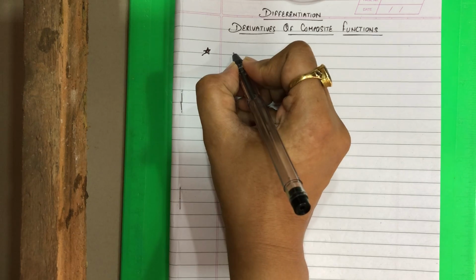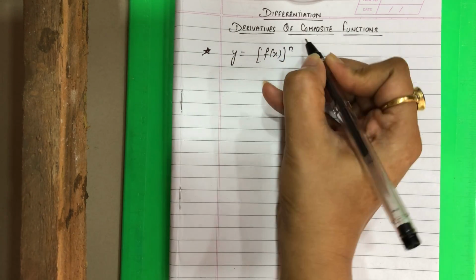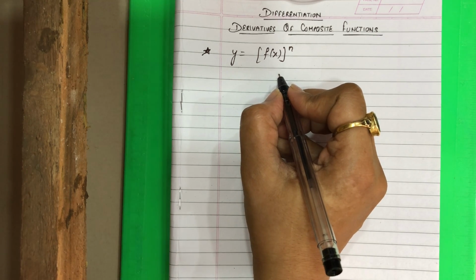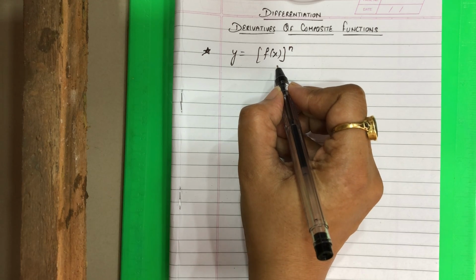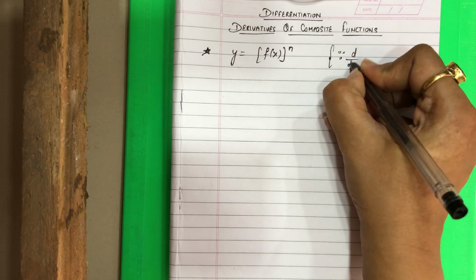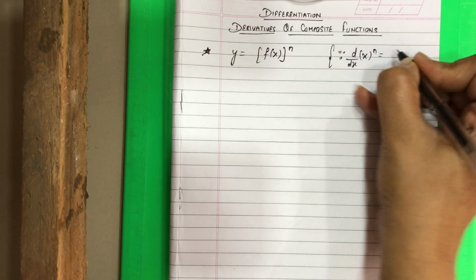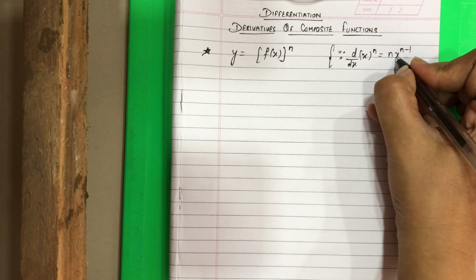Let's start. y is equal to f(x) raised to the power n. This is the first formula, that is of derivative of composite function we need to find here. So we already know that d by dx of x raised to the power n is n into x raised to the power n minus 1.